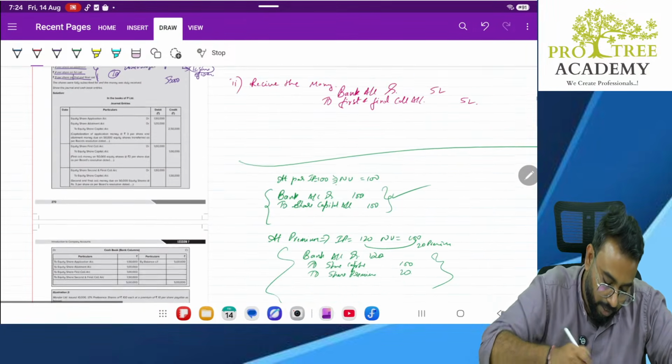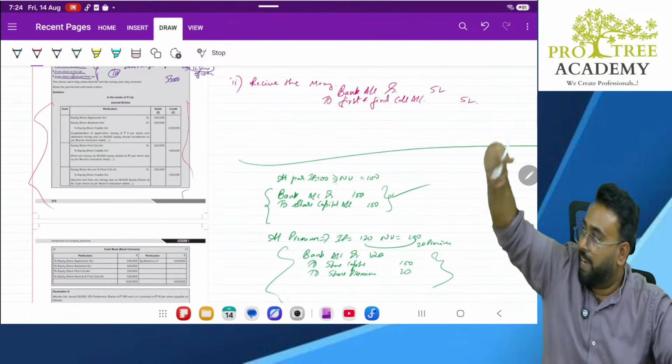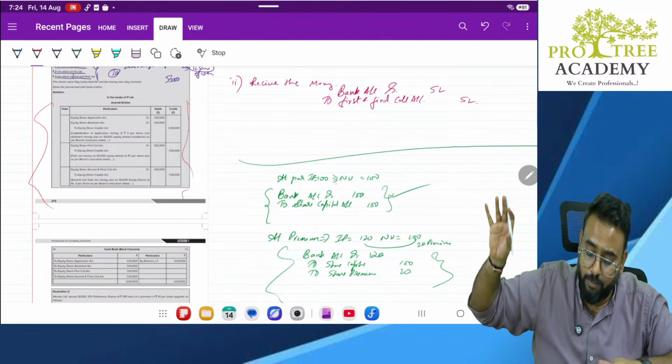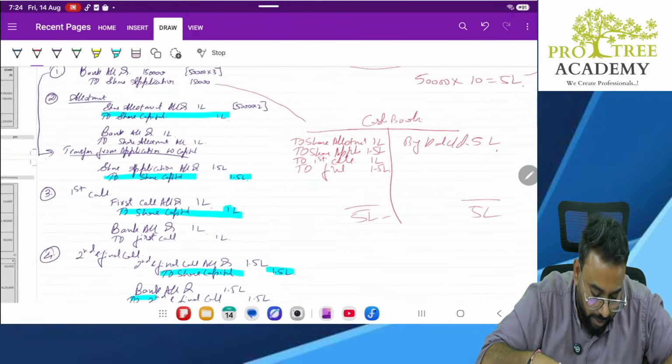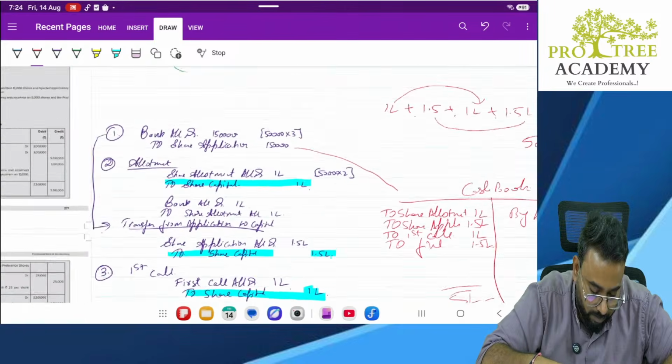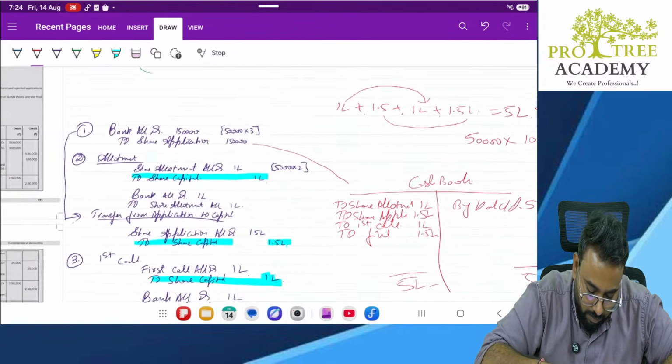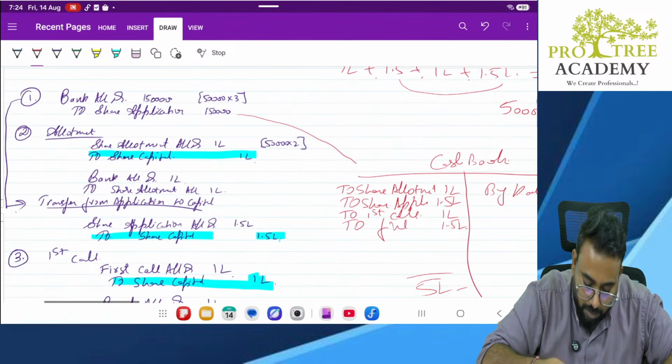Okay. Your institute has done it without bank entries, which is very difficult for you to understand. You better copy it down. Take a screenshot at least. Please take a screenshot.